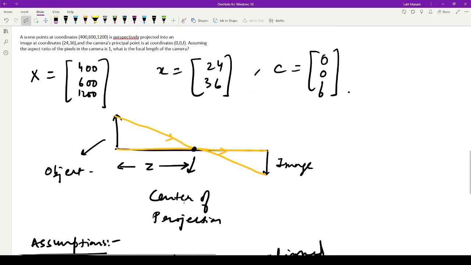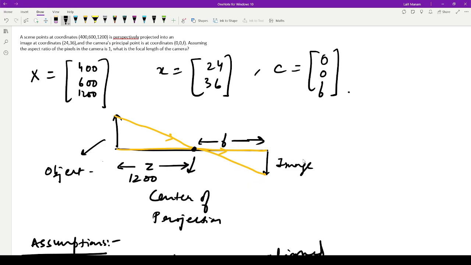Okay. So now given this z is the depth of the object, which is 1200 in this case. And what is this? This is f. Okay. So this is z and this is f.